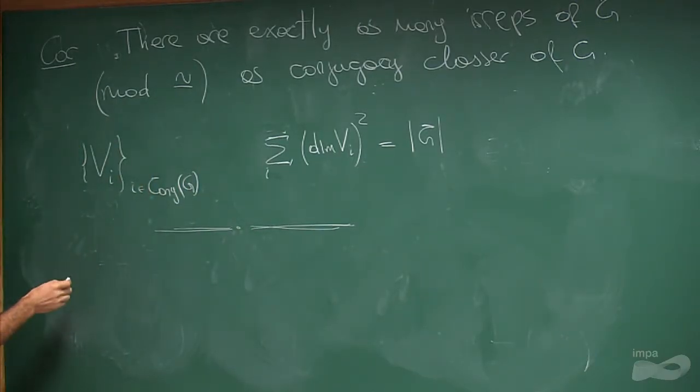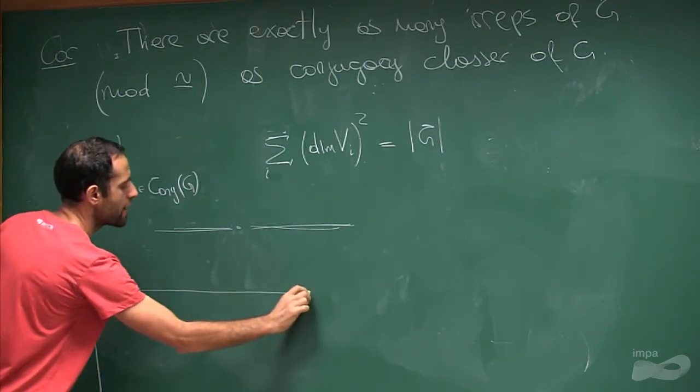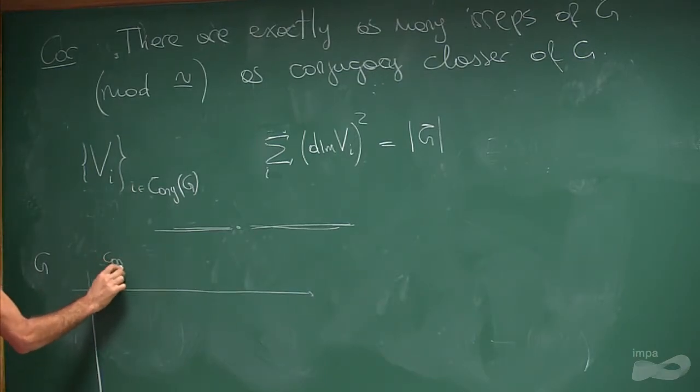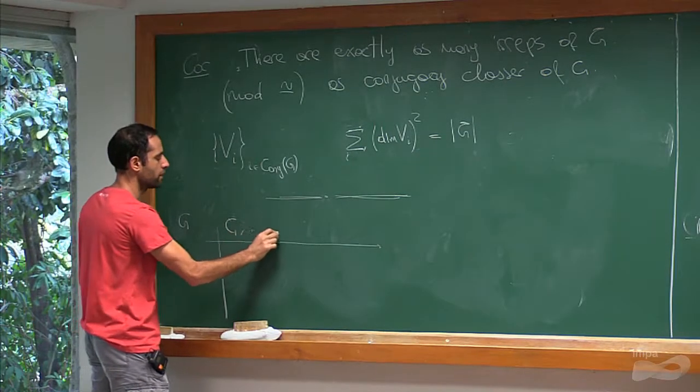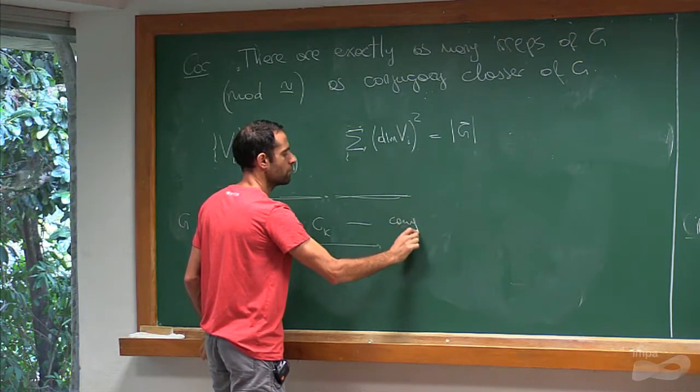What I'll do now is write down character tables, because characters tell me everything about the irreducible representations. When you give me a group G, I'll write a list of the conjugacy classes in G, like C1 up to Ck.